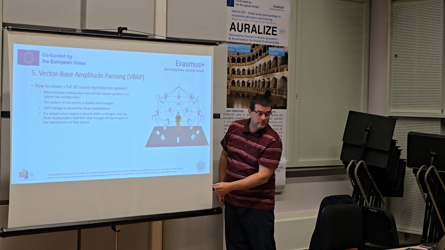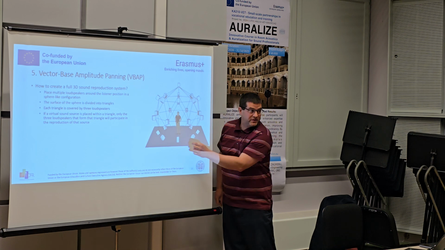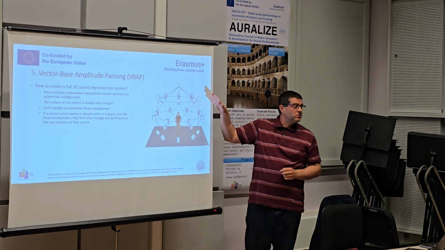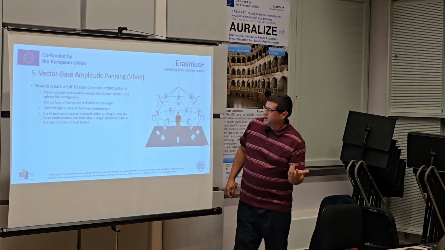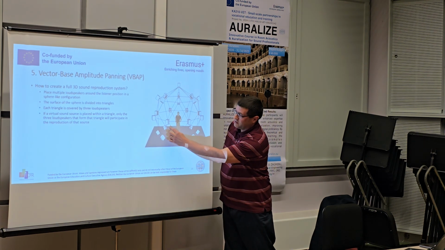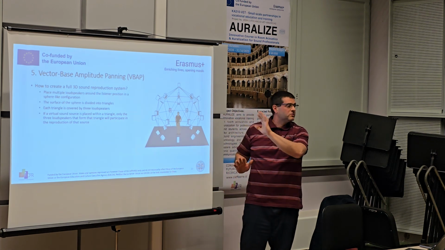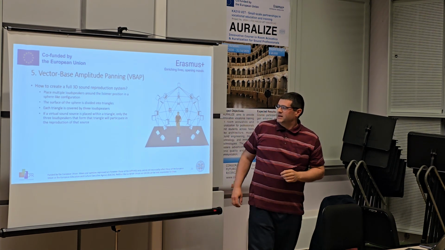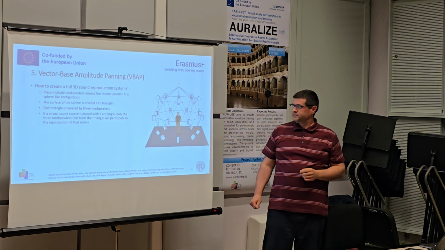If we want our source to appear here, these three loudspeakers will be active. The others will stay silent. Or if you want the source to come from, let's say, here, those three will be active. The others will not. And this is basically it. This is how it's done.